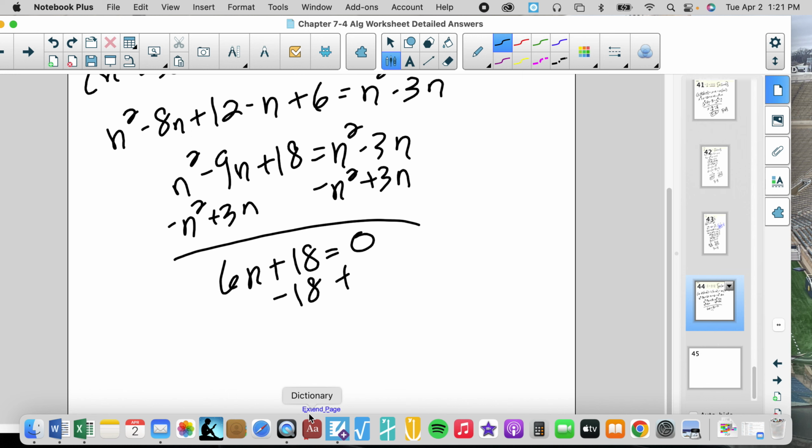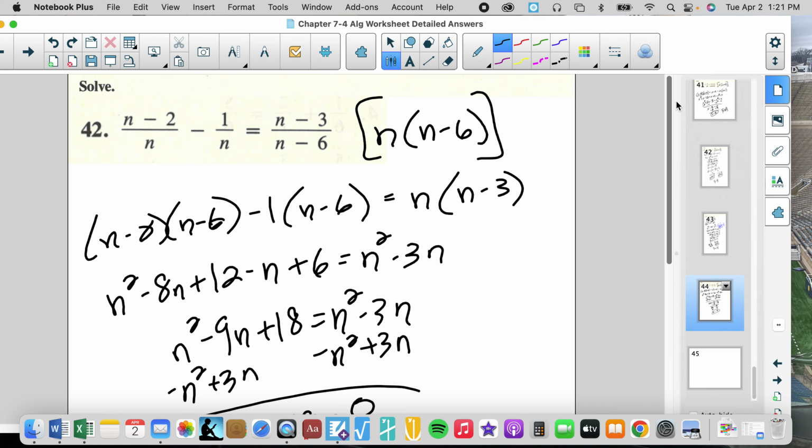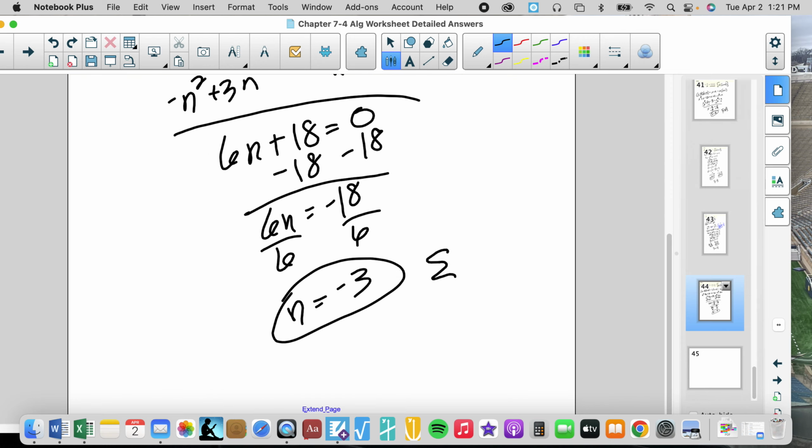Now this is just a two-step problem. 6n equals -18. Divide by 6, n equals -3. Check our denominators. That's okay. We get one solution. Boom.